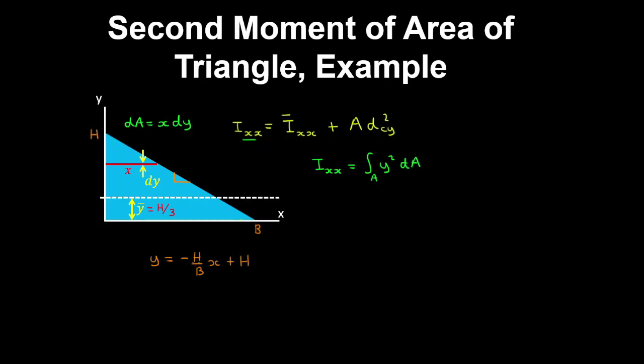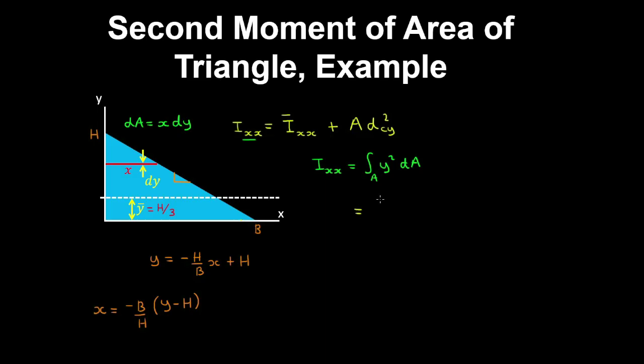And we can solve this equation for x by subtracting h from both sides, and then multiplying through by negative b and dividing through by h. And that's equal to x.